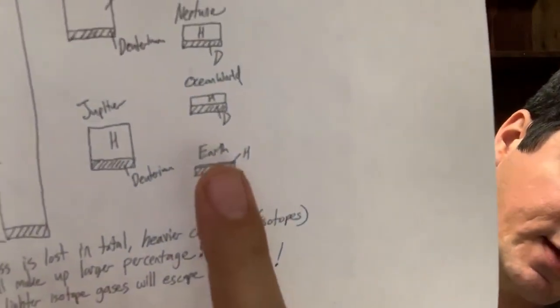Then it moves down to Jupiters, and then gray dwarfs, Neptunes, ocean worlds, and the Earths. Of course, all the water isn't deuterium like I have down there. It's just an exaggeration to show that as the star gets older, it loses more and more of the lighter isotopes, and the heavier isotopes fall towards the center of the star.